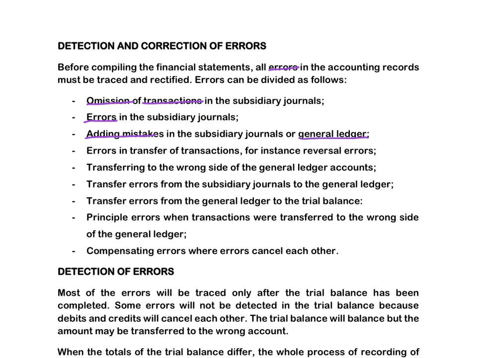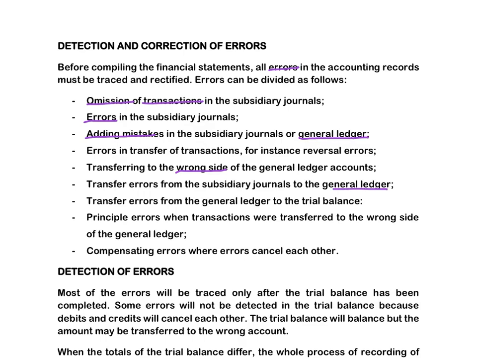Errors of transfer of transactions, so that is for instance when you have amount 289 and you write 298. Transferring to the wrong side of the ledger account. Transfer errors from the subsidiary journals to the general ledger.